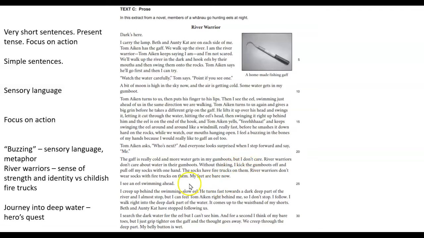It's quite symbolic of him stepping into a new sense of identity as somebody competent enough to take on an eel. And then finally, as it finishes, he's wading out into this deep water in the territory of the eel itself. So there's all of those things I note in terms of the atmosphere of adventure.